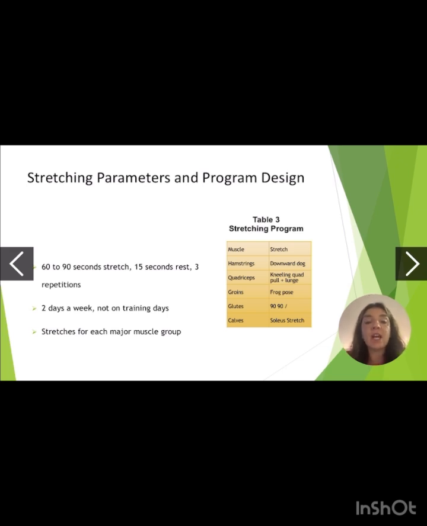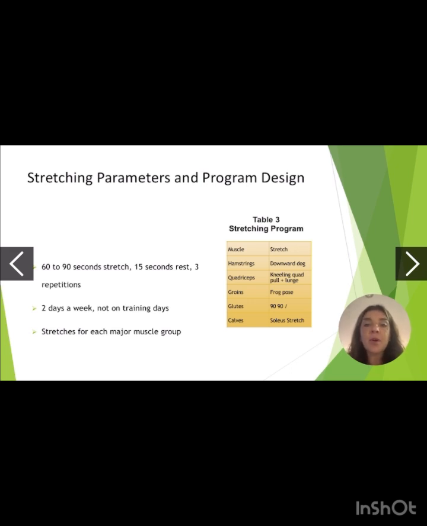The 2 days that she has off will focus on a static stretching regime of 60 to 90 seconds per stretch, holding for 15 seconds, then resting for 15 seconds. Repeat 5 times. This is important that she does it on days that she is not training.